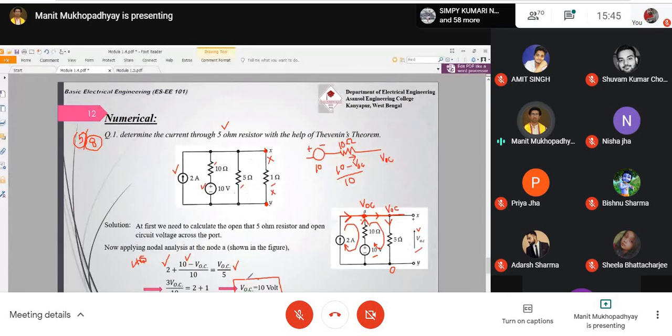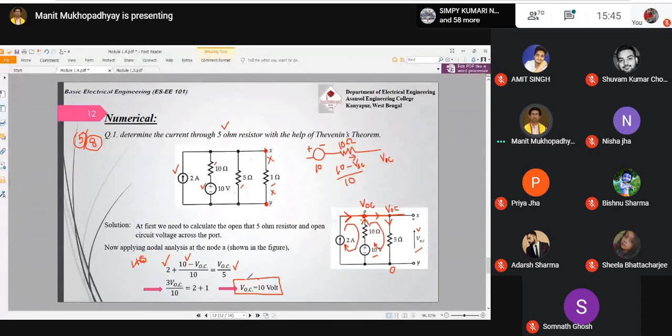Okay. Now some of you may have asked one question, that why in this middle branch the current is going in upward direction, why not downward direction?